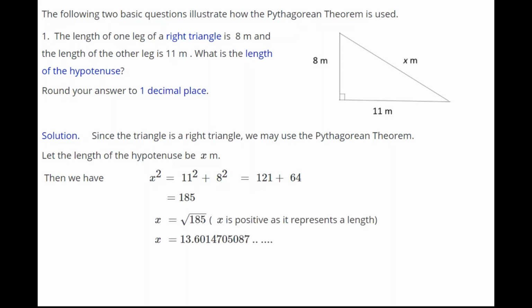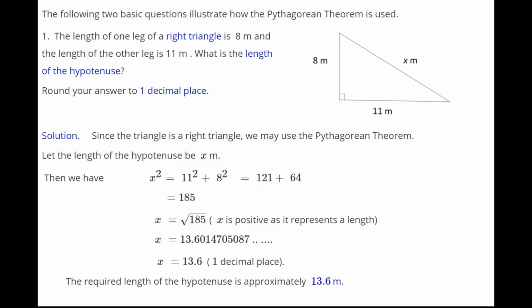So x will be the positive square root of 185. x is positive because it represents a length. That will give us x equals 13.6014 and so on. We round that off to 1 decimal place, we get x equals 13.6. So the required length of the hypotenuse is approximately 13.6 metres.